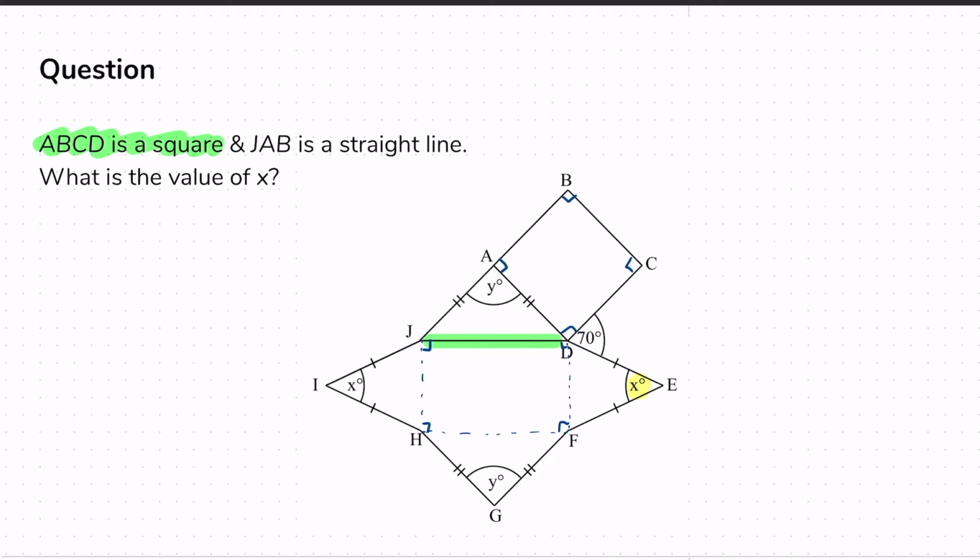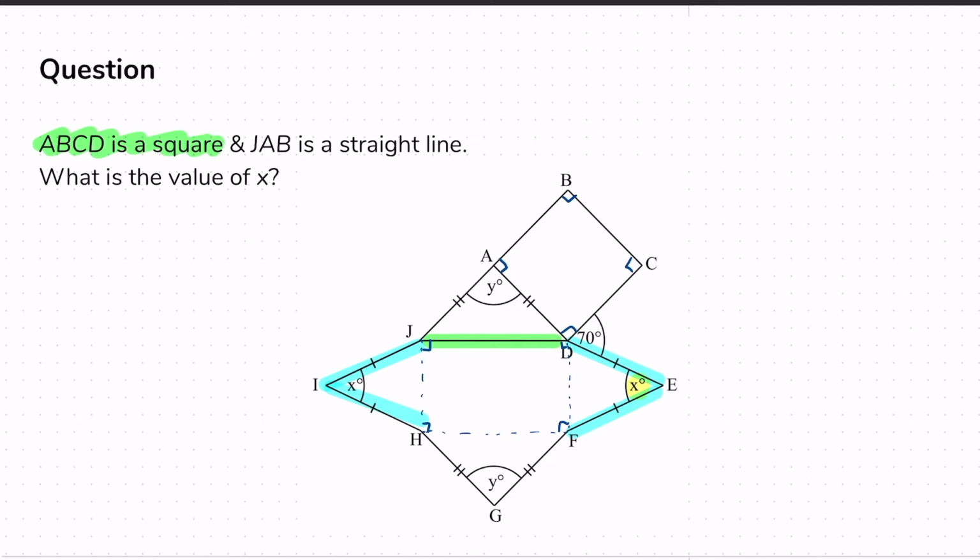All right, so what else do I know? Well, I know, because of this dash here, this line is equal to this line. Right? That means we've got an isosceles triangle. We've got one over here as well. Okay, so what does that mean?